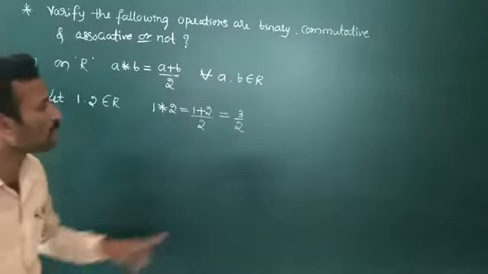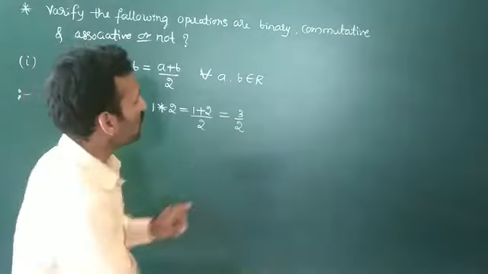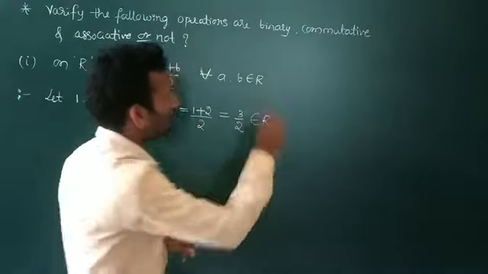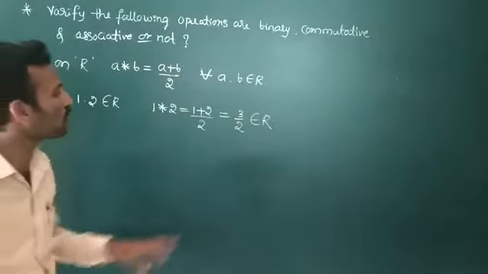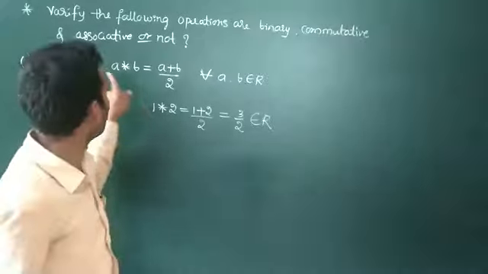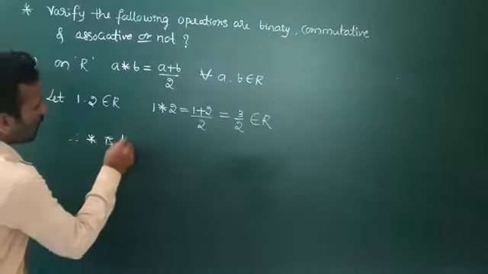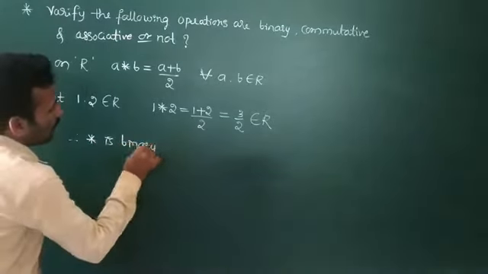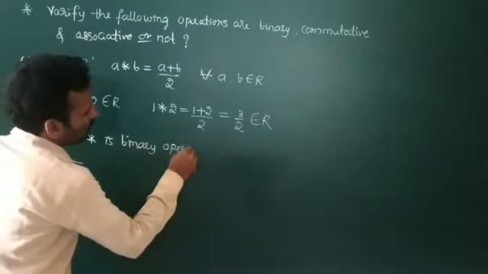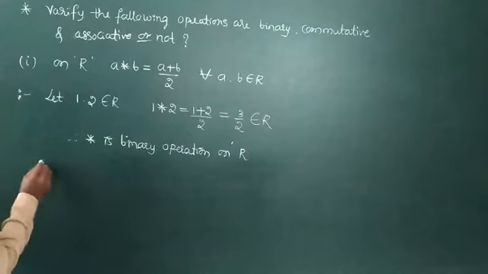It is an element of real numbers, so 3 by 2 is also an element of R. That's why star is binary on real numbers. Therefore, star is a binary operation.